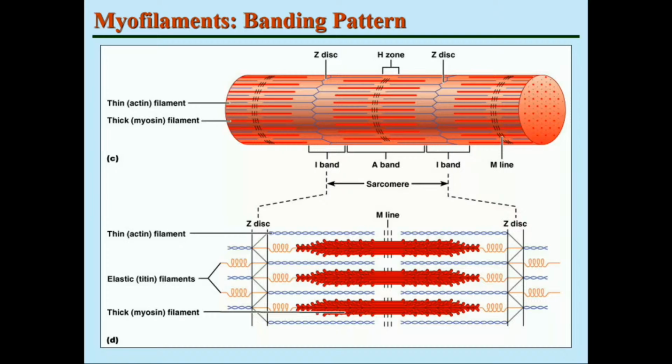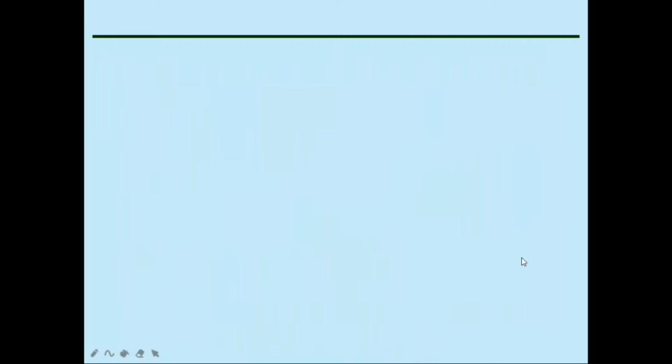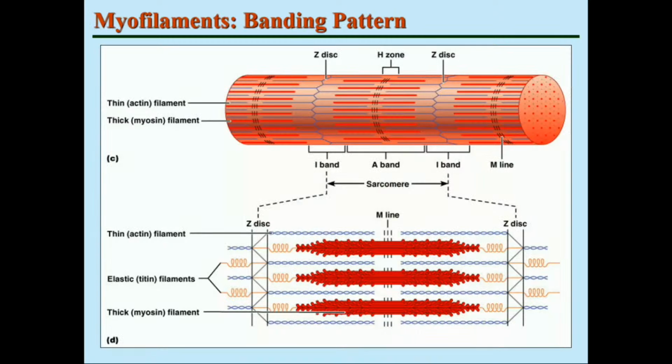Now again, this is a diagrammatic representation of the myofilaments as well as the sarcomere. You can see that there is a Z disc at one point, and another Z disc at the other point, and the portion of the myofibril between two adjacent Z discs is called a sarcomere.